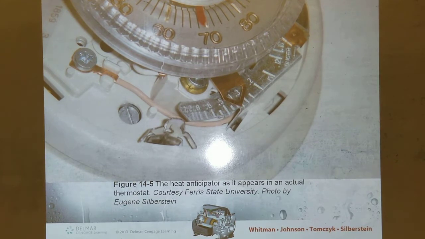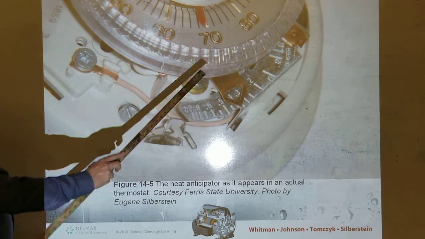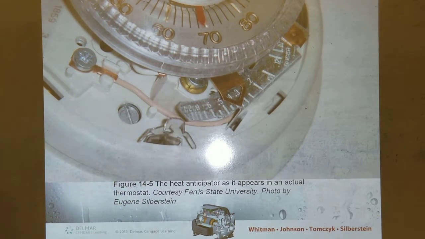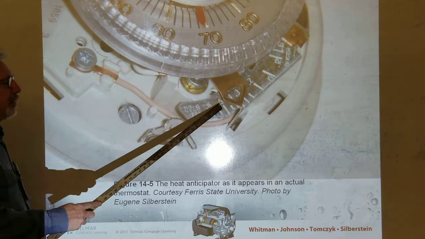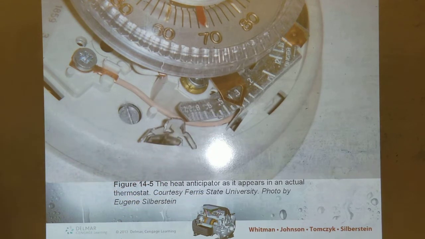By the time everything shuts down, the motor stops, because there's a lag with the blower motor, it's going to stay on for a little bit to get that heat out of the heat exchanger. This anticipator just allows that heat to enter the room.